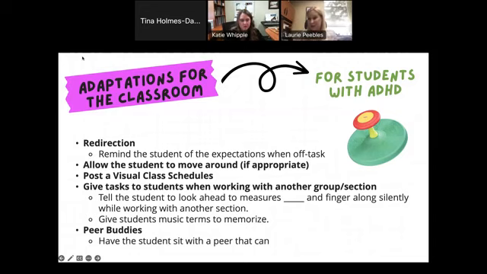This next bullet point comes with a story. Allow the student to move around. I do understand, if appropriate, it's going to be a lot harder to move around a band classroom when you have lots of expensive instruments around. But during my internship in the Fulton County Public School System, I had a preschool special needs music class every Monday morning.